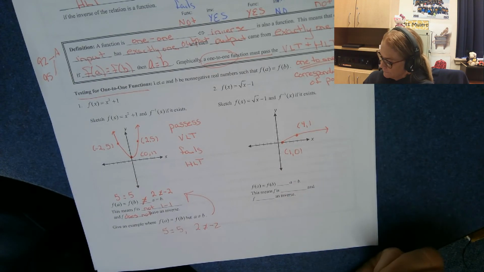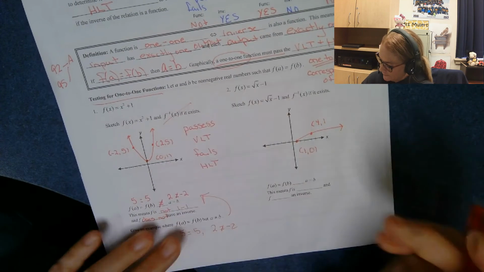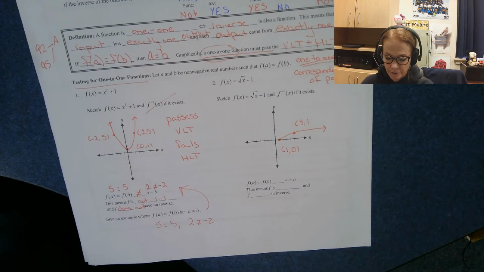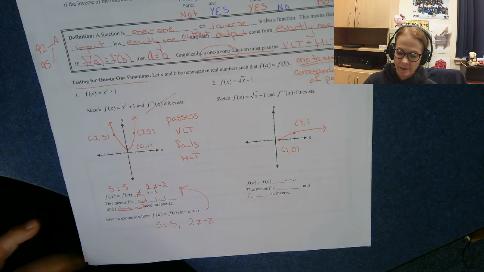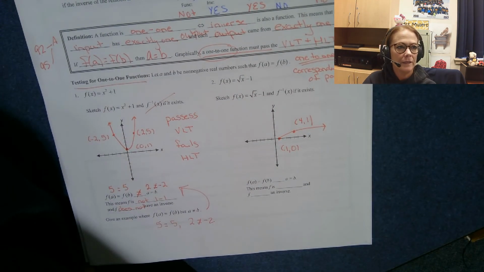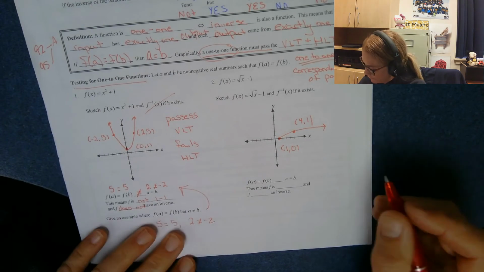Okay? And then we didn't have to graph this one since it didn't exist. So we need to look at something here. Let's find two y values that are the same. This one we're going to have to do a little bit more theoretically.